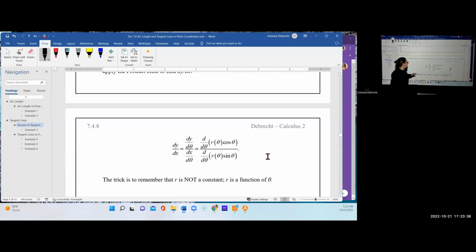What I do is I think of this as, okay, what is y? Y is r cosine of theta, but r is a function. It's not a constant. So I have to do the product rule. So that gives me dr d theta cosine of theta minus r of theta sine of theta in the numerator. And then in the denominator, I do the same thing, but I write the expression for x. I think I may have these backwards.